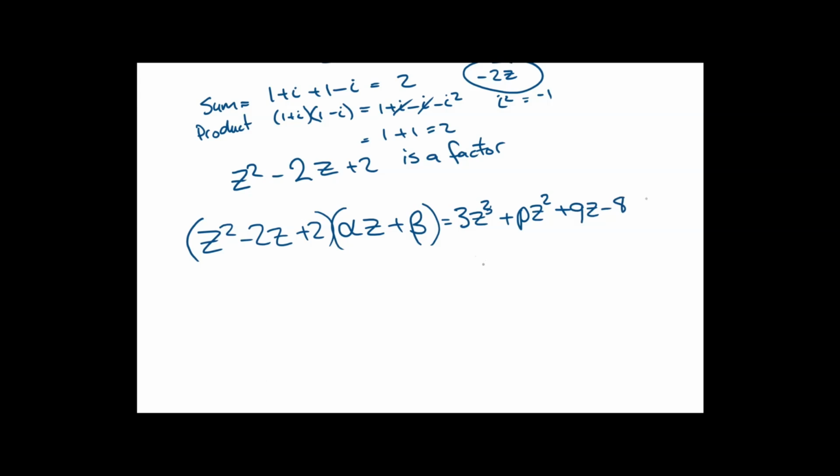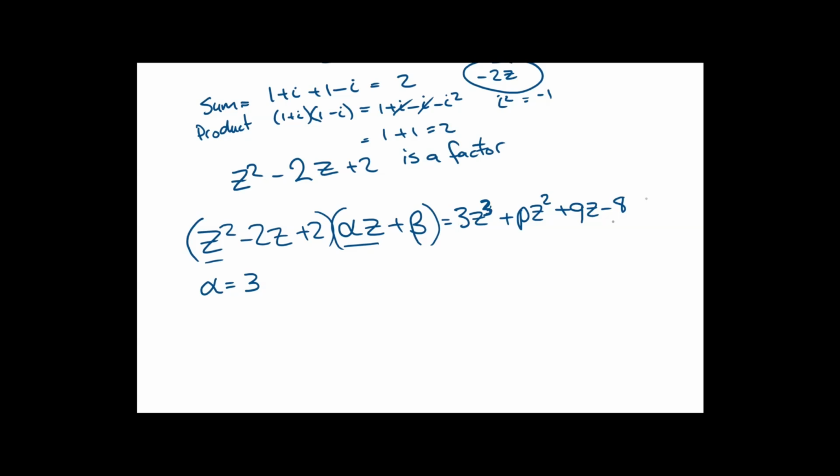So what do we know about alpha and beta? We know that the leading term here is 3z cubed. The only way we can get z cubed is z squared times alpha z. So therefore, alpha must be equal to 3.